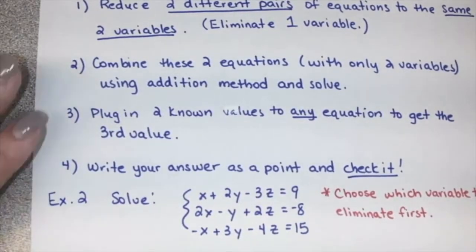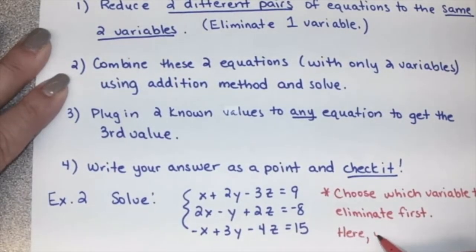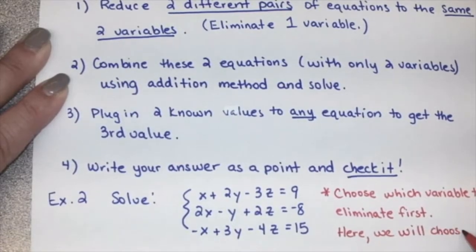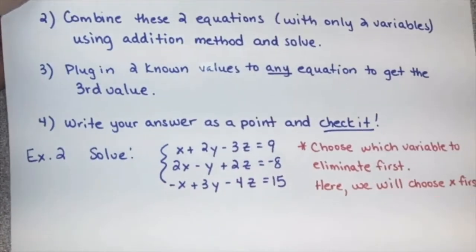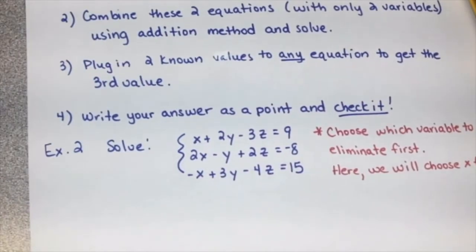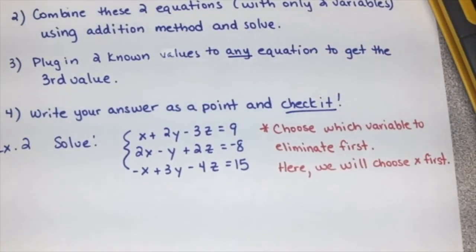Here we will choose x first. Remember, your ultimate goal is to eliminate x, and you're going to do that by combining two different pairs of equations, keeping in mind that your goal is to eliminate x.